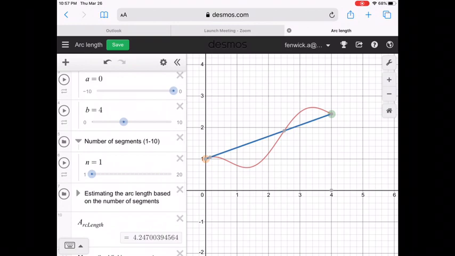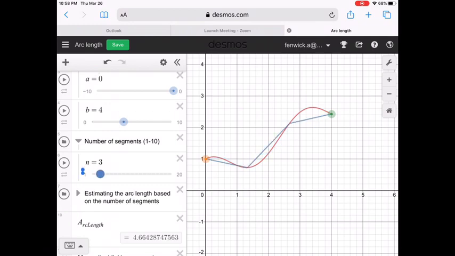And then the second thing we want to do is systematically improve the accuracy of that approximation. So how do we do that? Well, the same way we did with Riemann sums, we can increase the number of line segments here. So if I go up to n equals 2, now I'm using two different line segments to approximate the length of the red curve, and I can do that again.